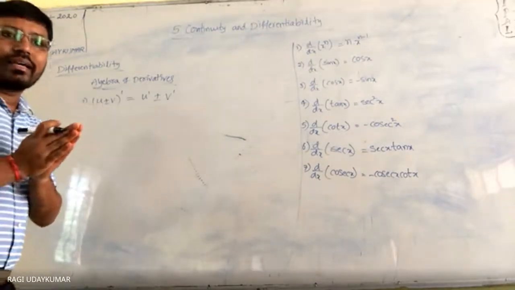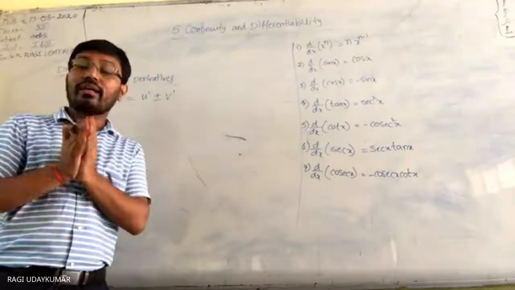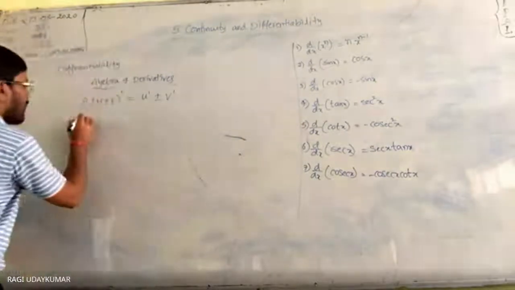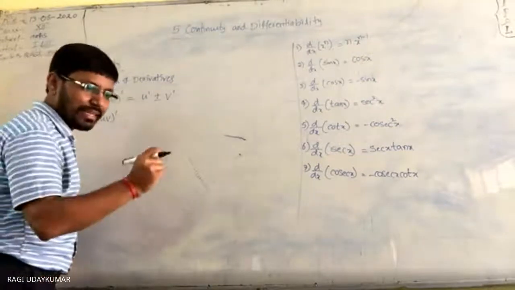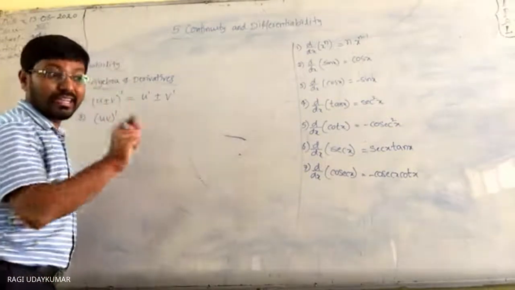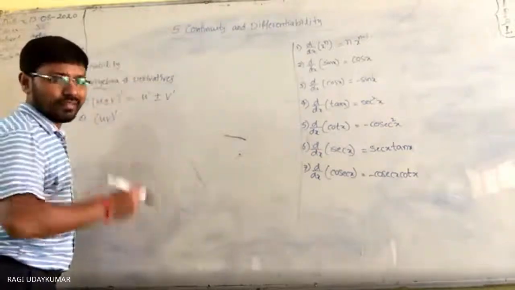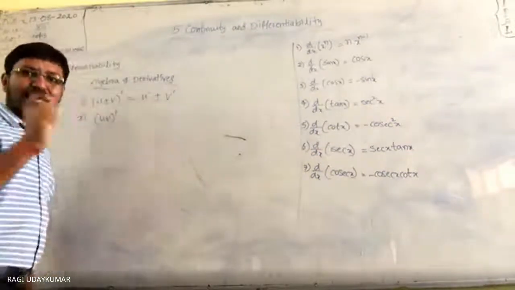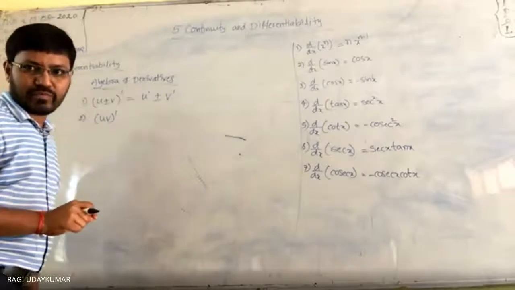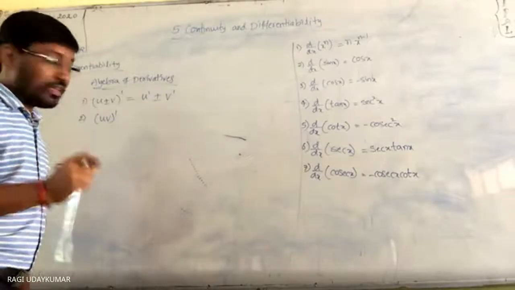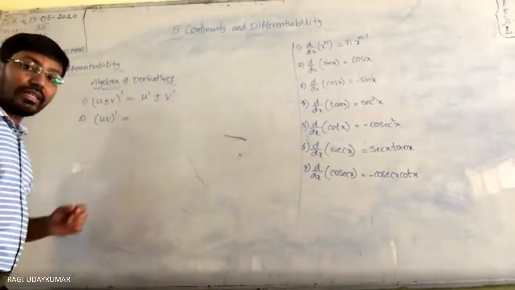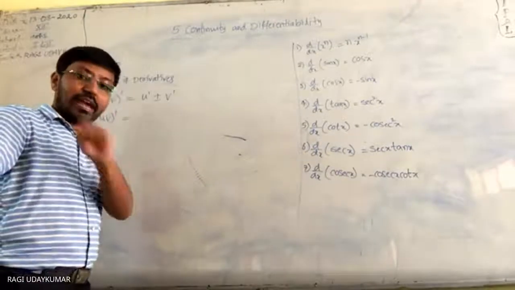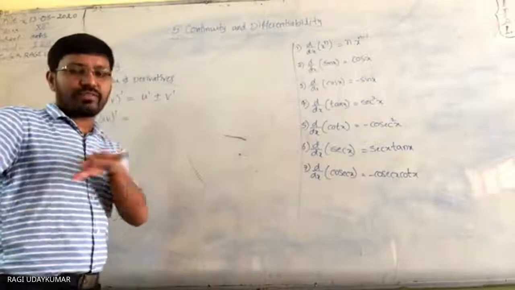The next thing is the product uv. This is called the Leibniz or product rule. The second one is, if you have the product of two functions, like sin x into cos x, here sin x into cos x. You learned in class 11 that d by dx of f of x into g of x.